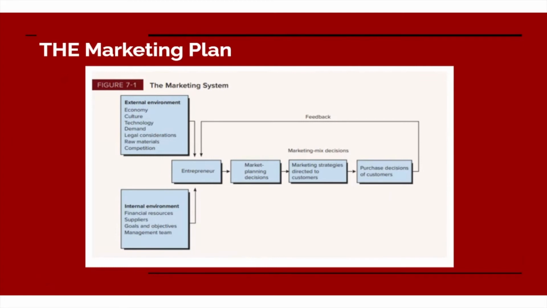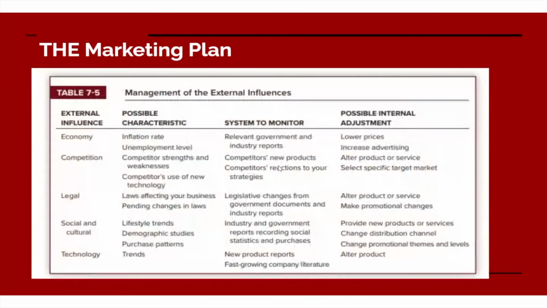So I put here a number of graphics. I just wanted to highlight these. These are found in the textbook. This one here is the marketing system. The marketing system really says, okay, this is Marketing 1 and 2 combined into this analysis that we're doing here for developing a marketing plan.